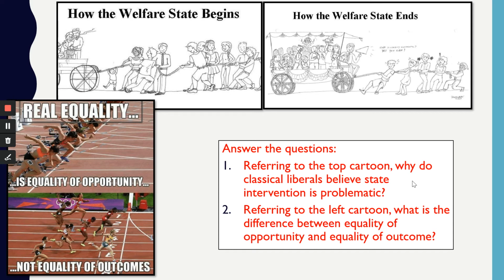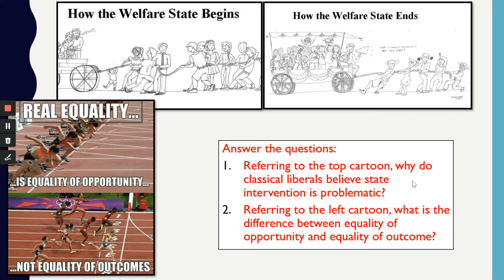There's a minority now pulling along those few people, and they don't look very happy about it either. So this is really what classical liberals think. They think state intervention is problematic because it will eventually lead to most people relying on the state to help them rather than being independent. So, they're quite critical of state intervention.